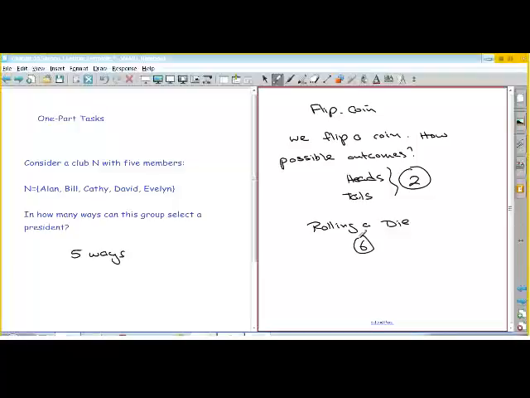A dice normally has numbers 1 through 6, but you could have colors. Theoretically you could have 2 sides that have the same color, so you might not have 6, but let's assume they're all different. It's a numbered dice, and you can have 1 through 6. It's 6. So those are just some simple examples of one-part tasks.